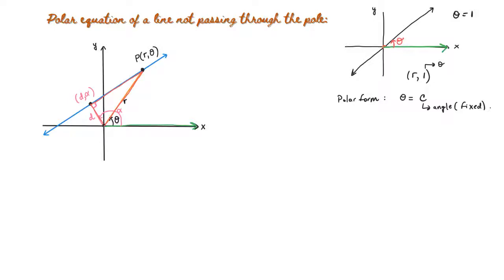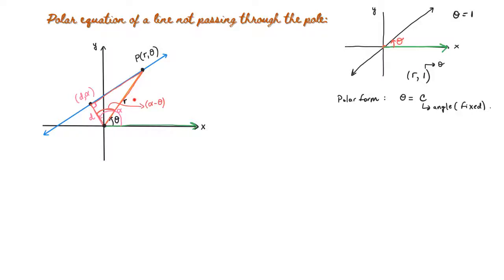And what I want is this angle inside. Well, that angle is easy to find. That angle is going to be alpha minus theta, right? And now I can use right triangle trig to find the polar equation. So here is r, right there, right?